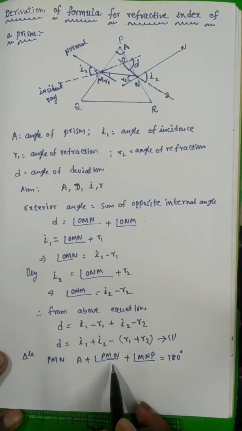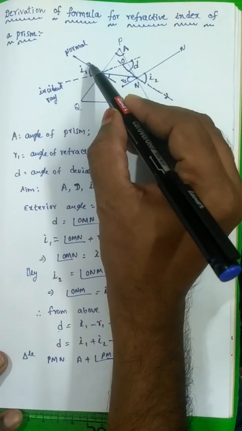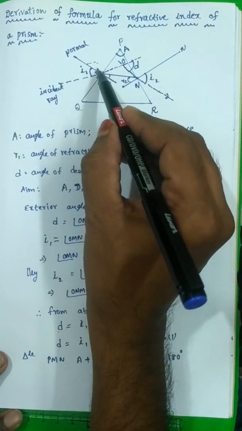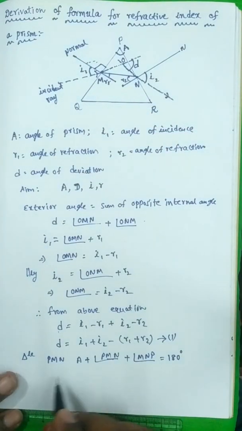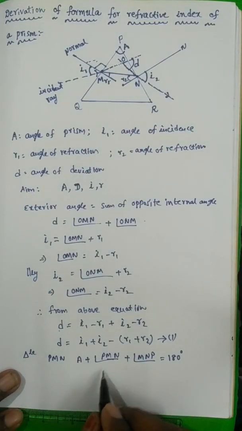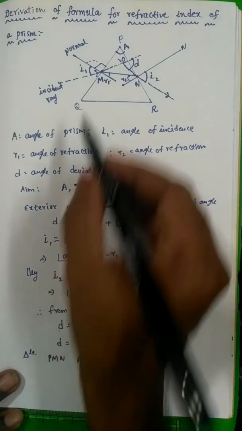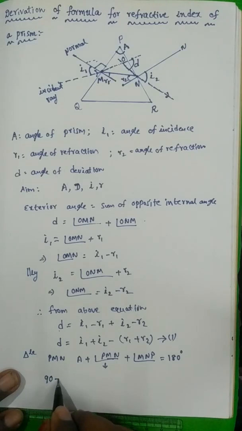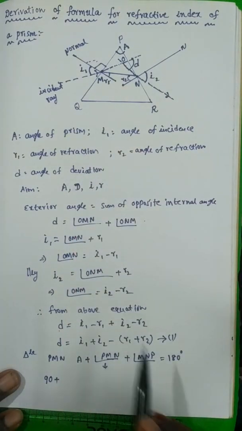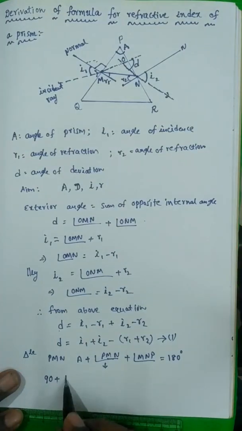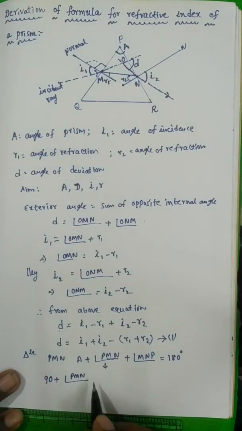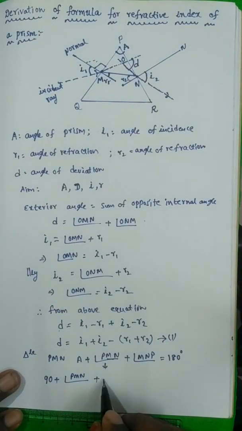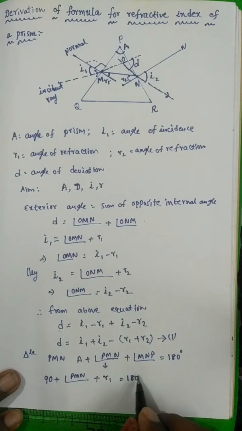To calculate PMN, consider this: the total is 180 degrees, and the normal makes 90 degrees. So 90 degrees plus angle PMN plus this angle r1 equals 180 degrees.